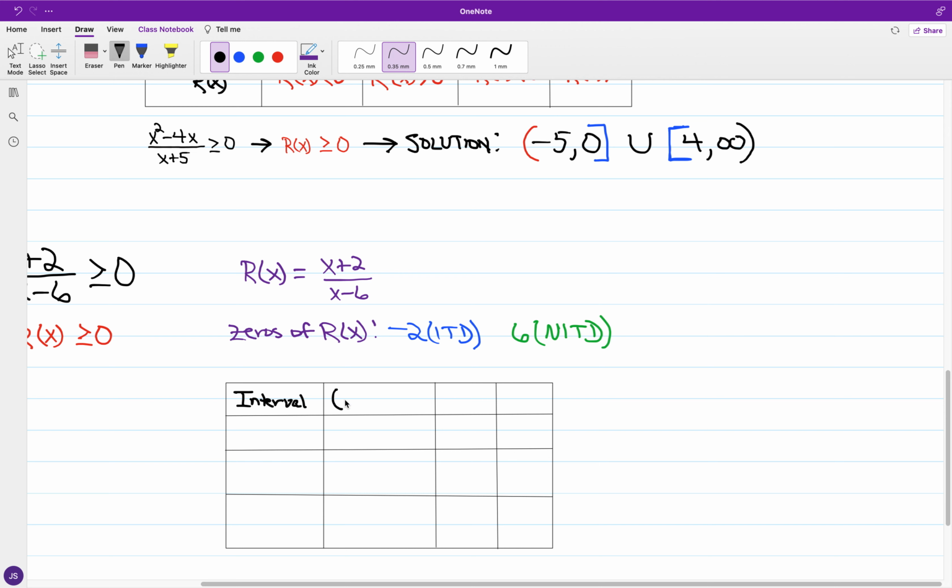So we have at the lower end those values of x less than negative 2. And then you're going to have those values of x whereupon negative 2 is less than x is less than 6. And now for the rest, we have those values of x which will be greater than 6.